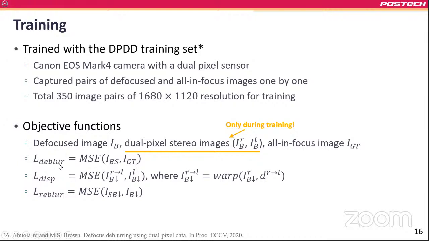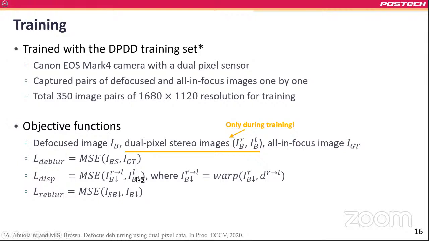This reconstruction loss means our network should produce a deblurred result similar to the ground truth. And this is about the disparity estimation. Our disparity estimation should produce a proper disparity.